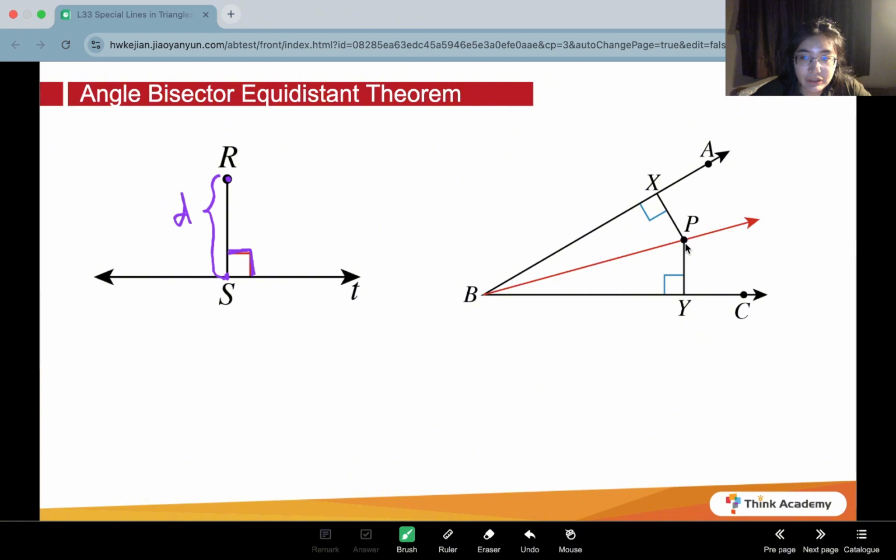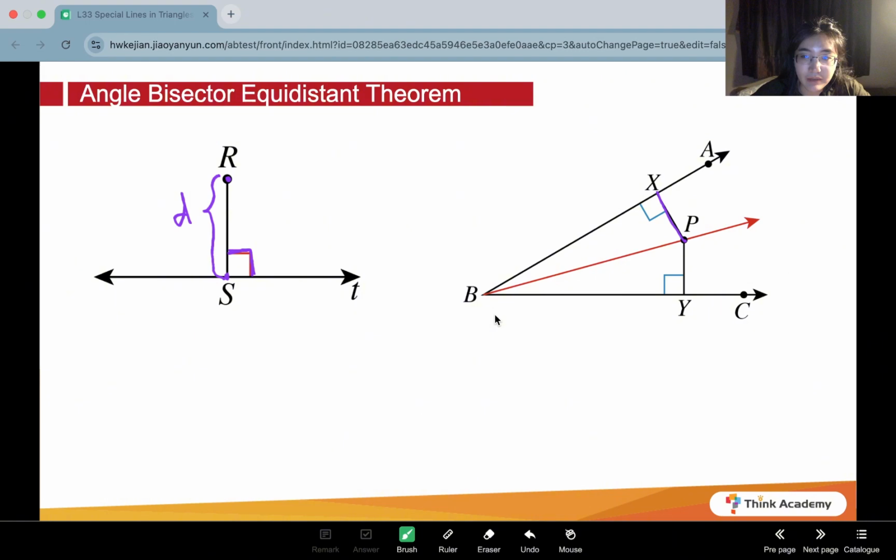And let's prove point P is equidistant to both sides of the angle ABC. Equidistant means Px, the distance from P to the arm AB, should be equal to the other distance, that is Py. How can we prove that?